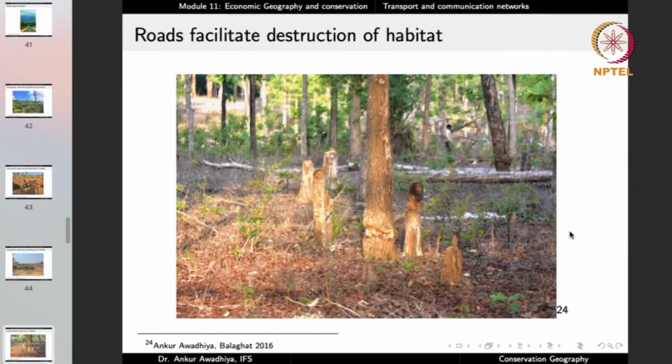But that's not all. Roads also facilitate the destruction of habitats, because they permit people to reach into areas that were completely inaccessible before. And so when you permit people to enter into the area, you will find that in certain situations there will be cases of illegal felling of trees, because especially in the wildlife areas there is nobody to see that these areas are completely protected or not.